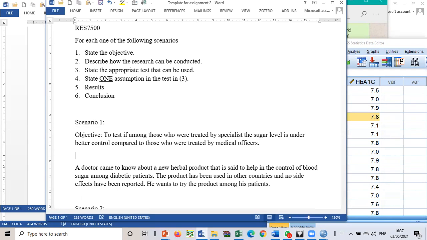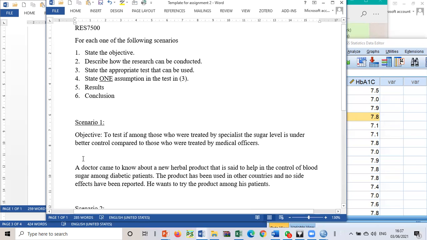So that's what you want to know. Objective is what you want to know. To test if among those who were treated by a specialist, the sugar level is under better control compared to those who are treated by medical officers. Agreed? Yes. Right. Thanks. How do you conduct the research?